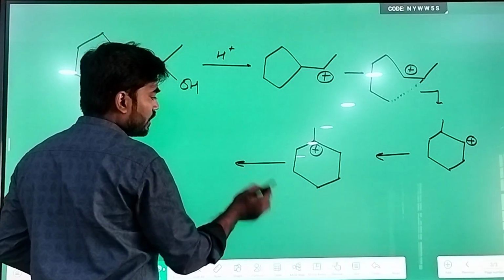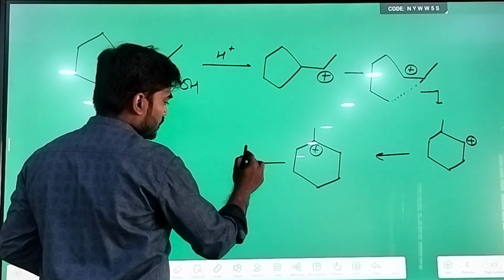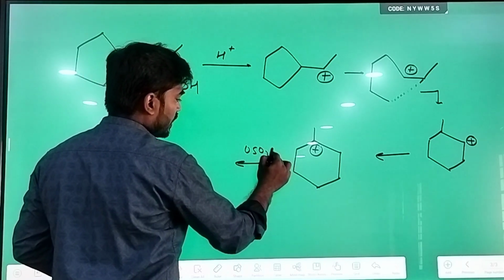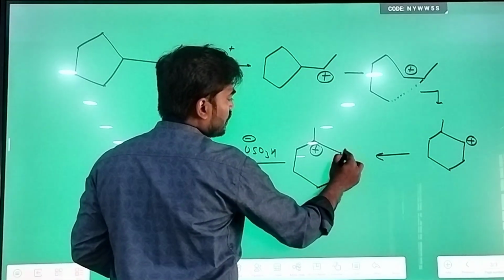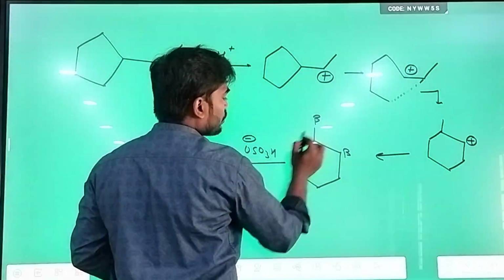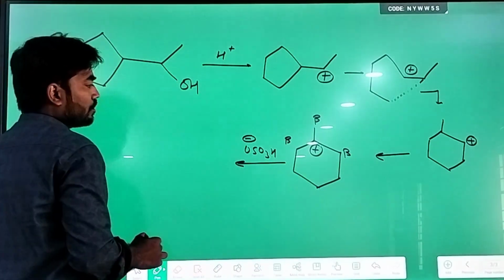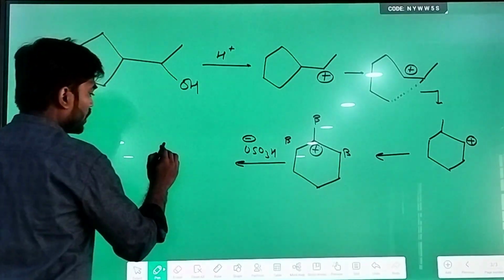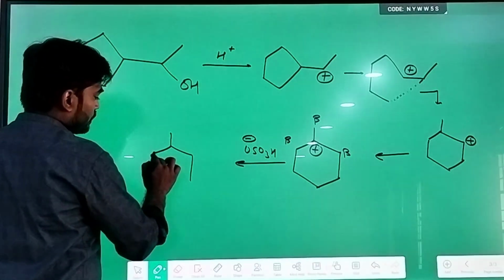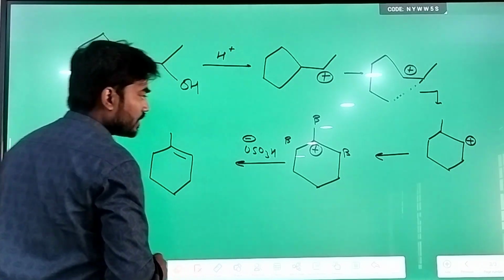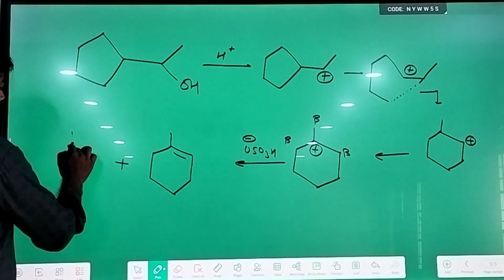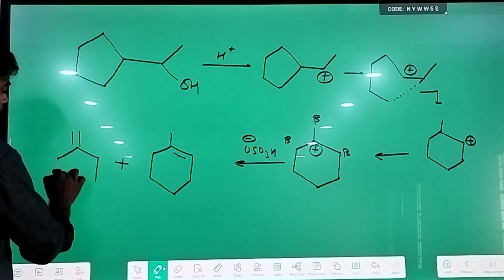Now what happens? Again the base, OSO3H minus, comes. Now where we have H, beta positions, here beta, this also beta, this also beta. So both these positions are the same. So what happens? One alkene this will be formed and one alkene this will be formed.